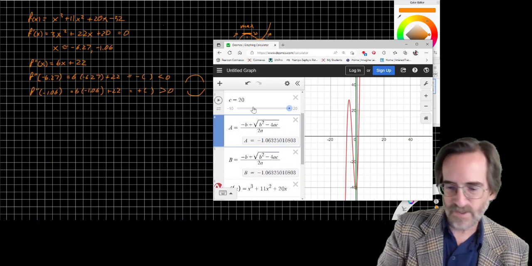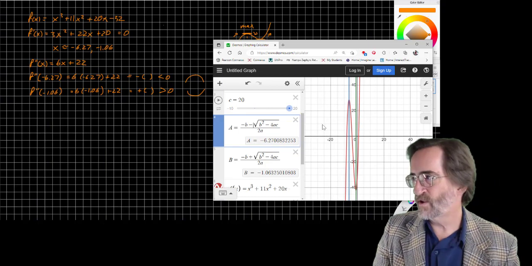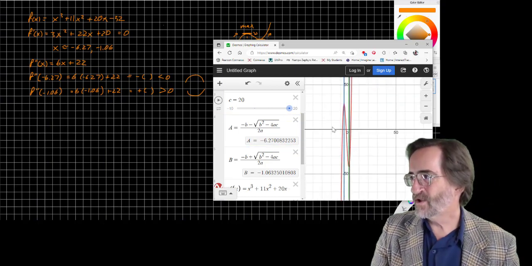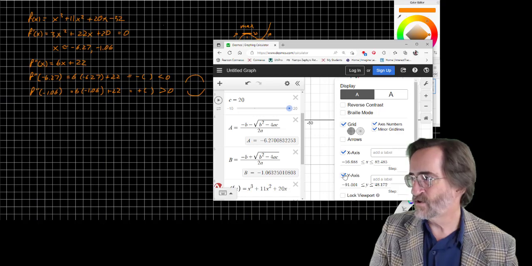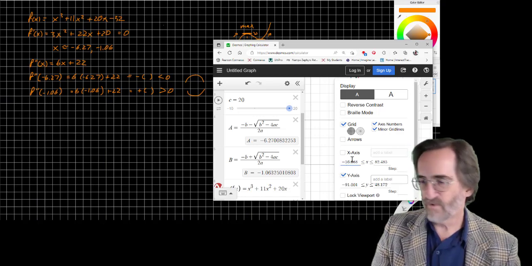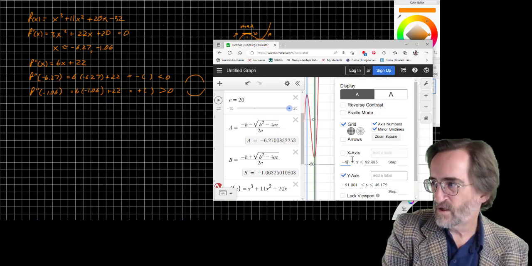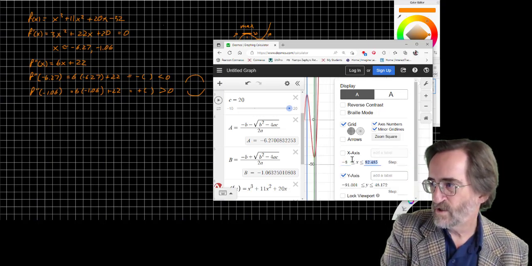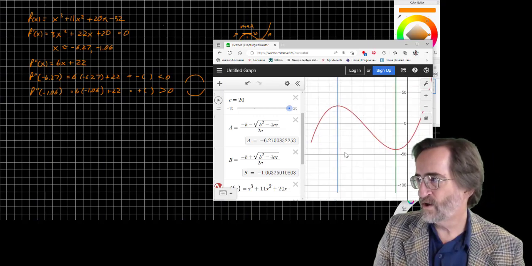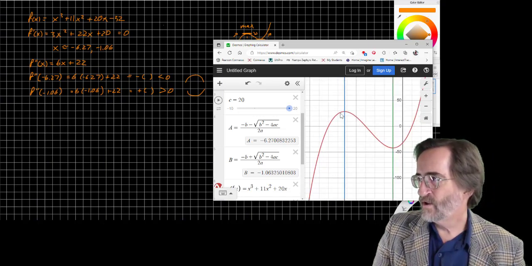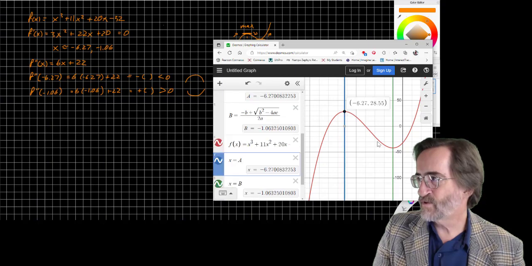Let's do this. There we go. Now we got it. It's hard to see here, so I'm going to change the scale. Let's do the x-axis from negative 8 to 0. There we go. And you can see that is the peak right there, and that is the trough right there.